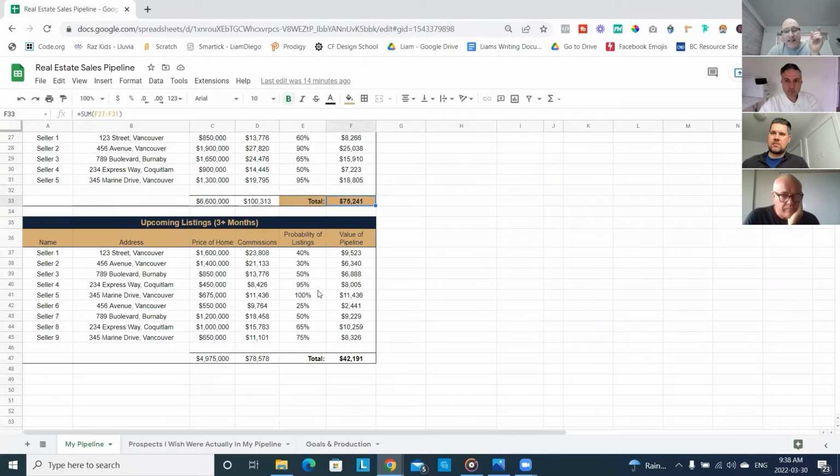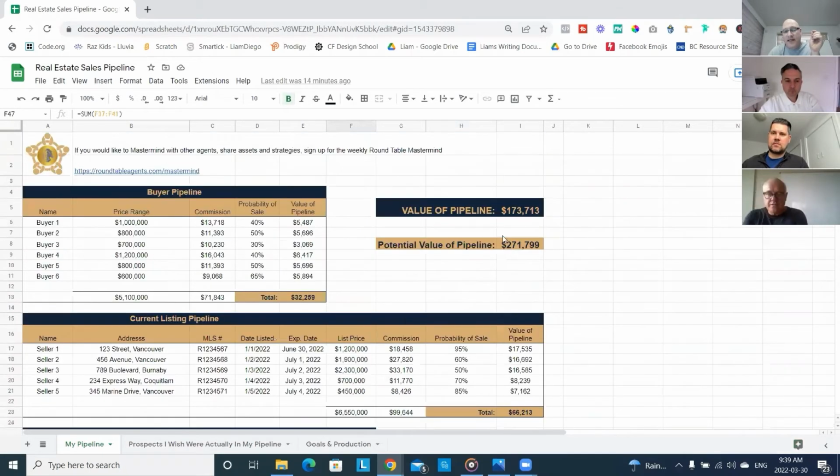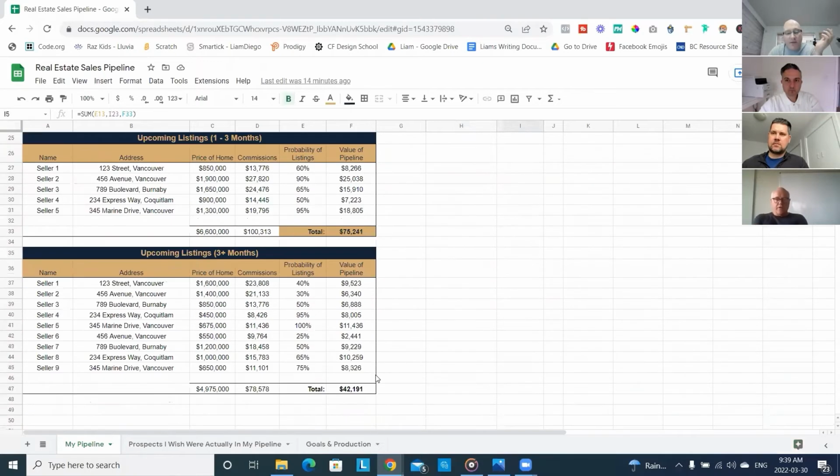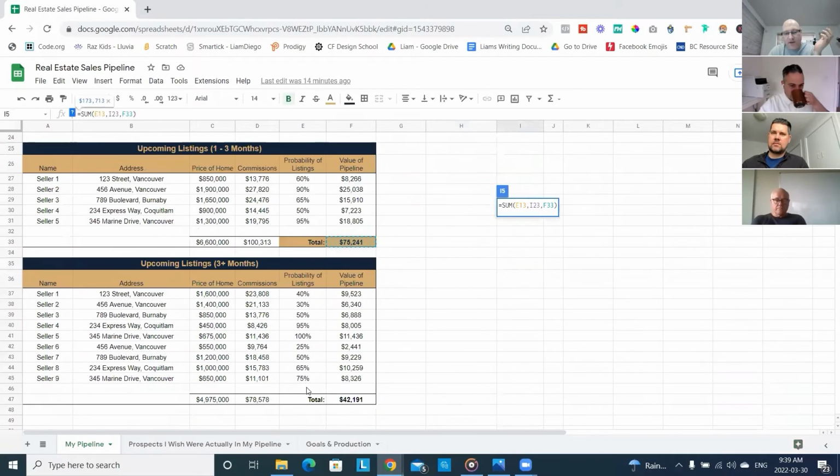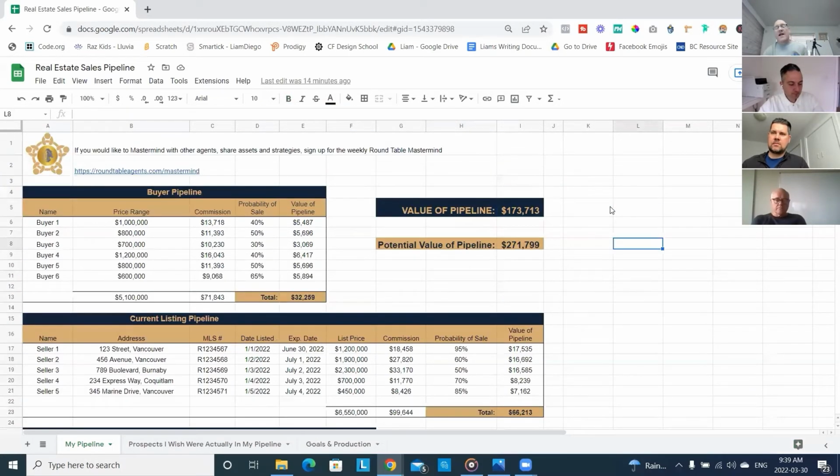Now you can see that I still list 3+ months here, but I do not add these numbers in the calculation. It would be an easy switch if you wanted to. The formulas are here. You click up there and it shows you which ones are included, and all you would have to do is add that. But for myself, if something is 3+ months out, I'm not adding it on there. I need it to move up my pipeline.